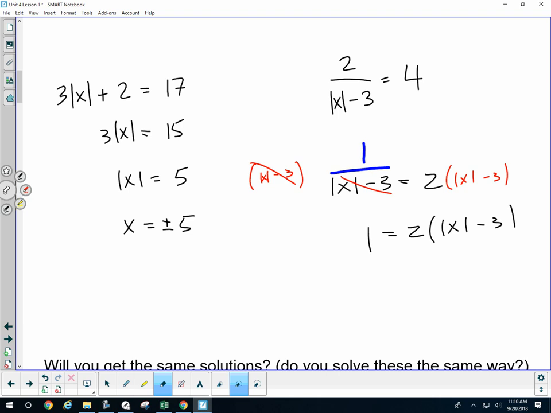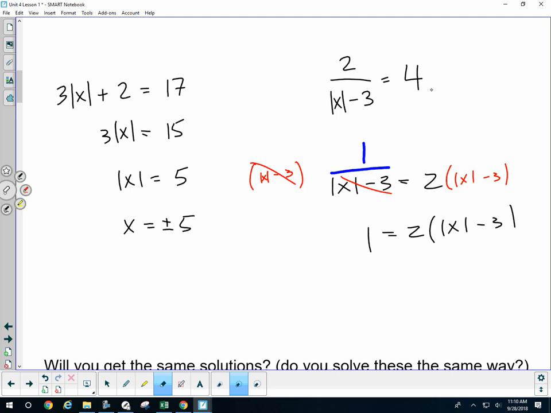Times negative 3 over 2? Nope, that's not going to help me. I did this in another lesson. This is new to you guys. You could flip both sides.